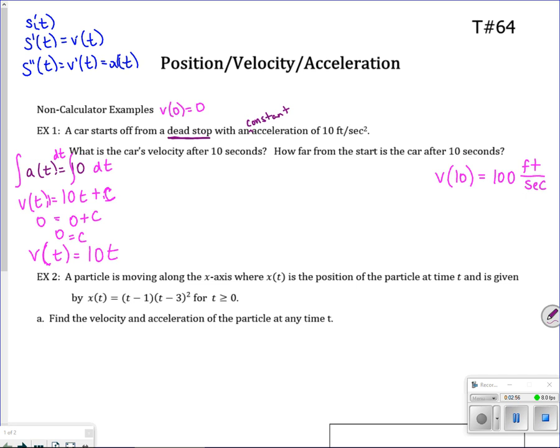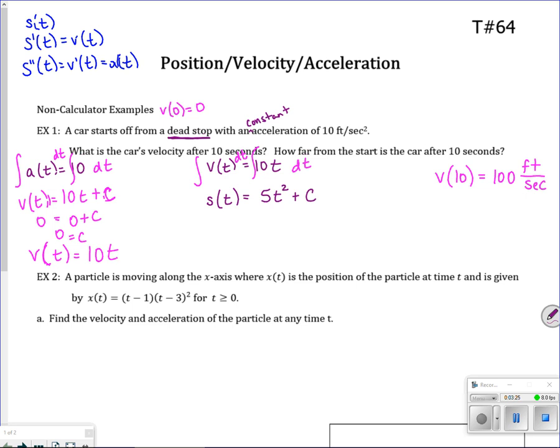How far from the start is the car after 10 seconds? Well, that's asking for position. So I'm going to repeat the process. I know that position is the integral of velocity. So position at any time is going to be 5t squared plus c.